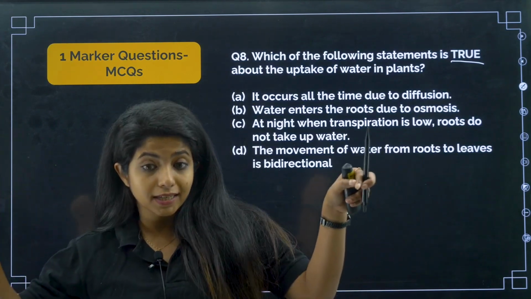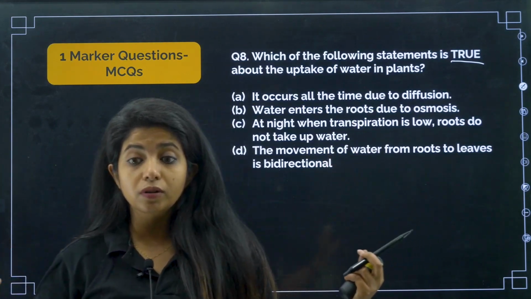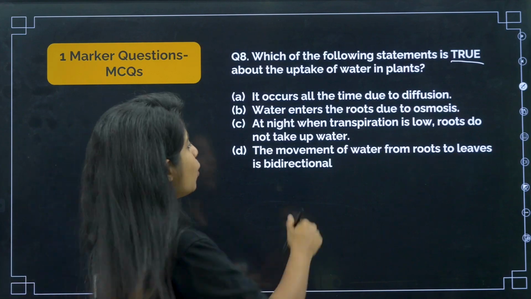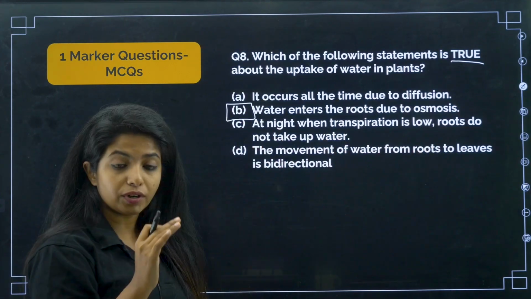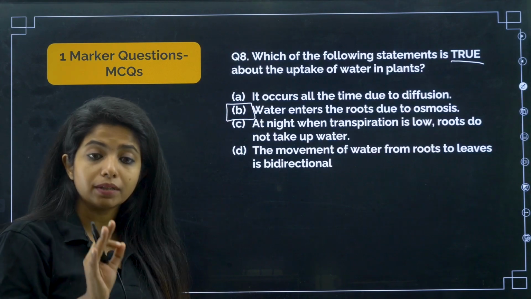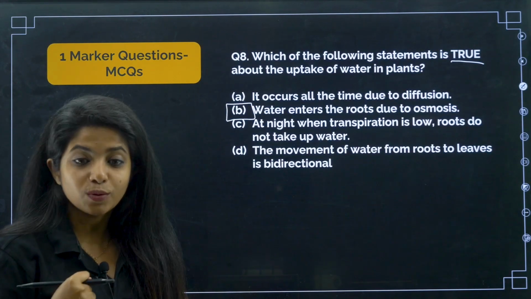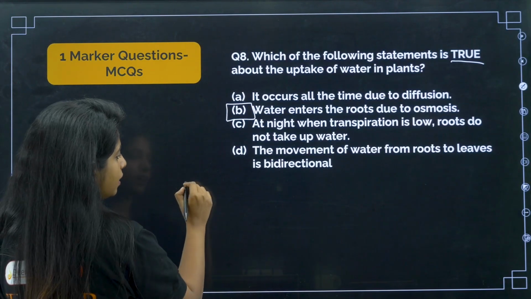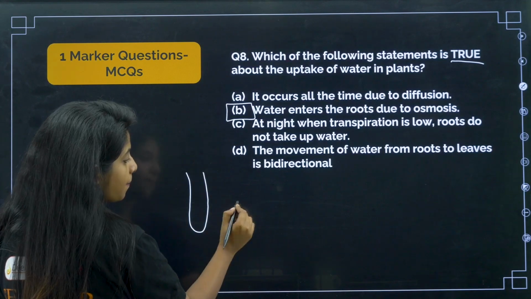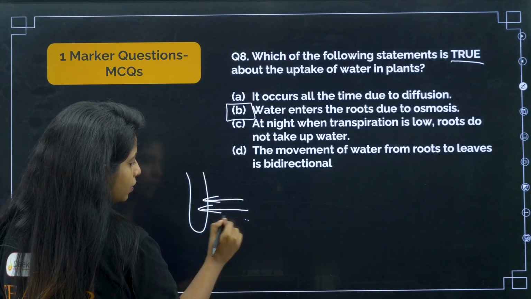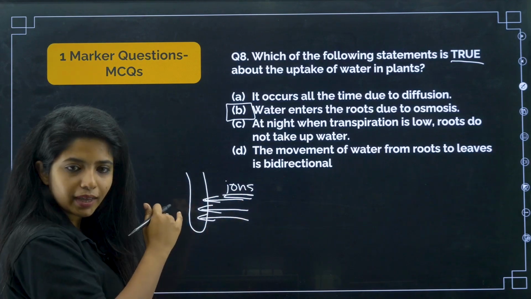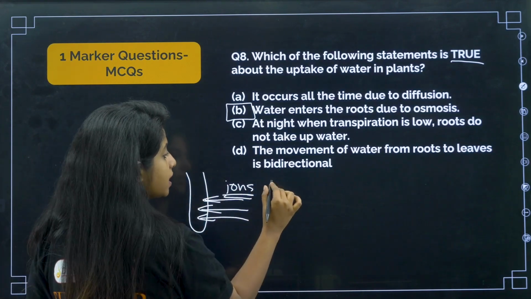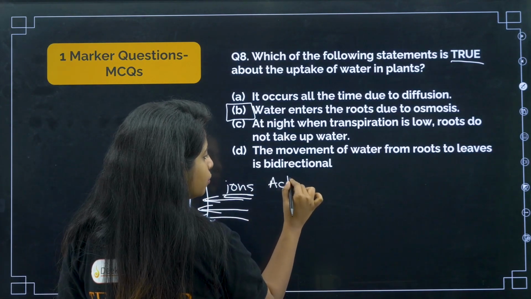You have something else, a type of diffusion which plays a major role, that is osmosis. So water enters the roots due to osmosis. This is correct. So what is exactly happening over there is that, probably this is the roots. Over here you get to see there are so many ions which get inside, and these ions get inside with the help of active transport, my dear children.